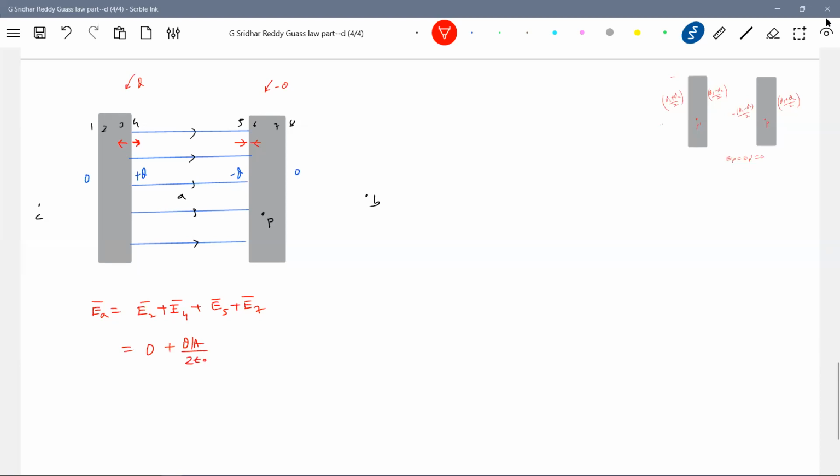Because each surface of a conducting sheet will behave like a non-conducting sheet. Charge is present only on one side. So though it is a conductor, it is made up of two non-conducting charge sheets, that is the assumption. A charged conducting sheet, what should you assume? We should assume it is made up of two non-conducting charge sheets.